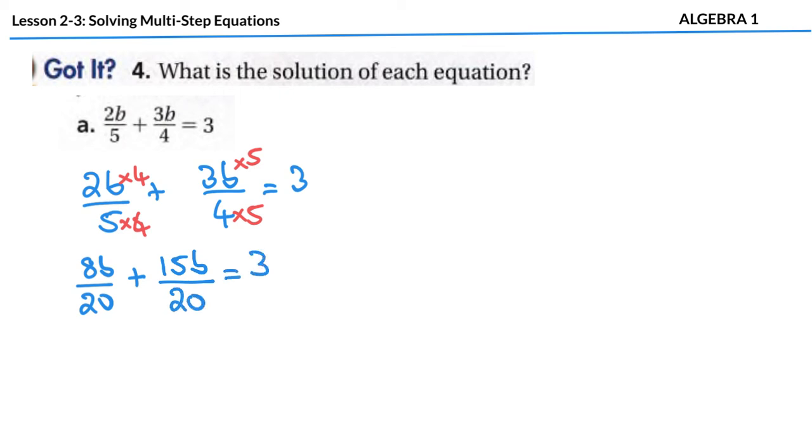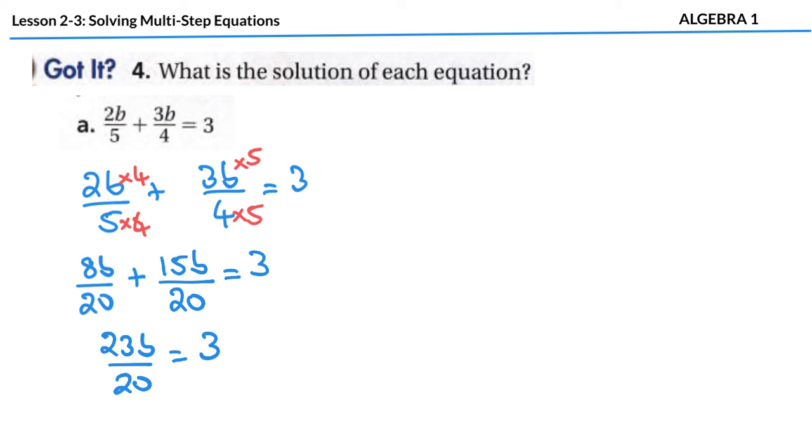Now since the denominators are the same, we can add the numerators because they are like terms. So 8b plus 15b is how much? It's 23b. So 23b over 20 is equal to 3.